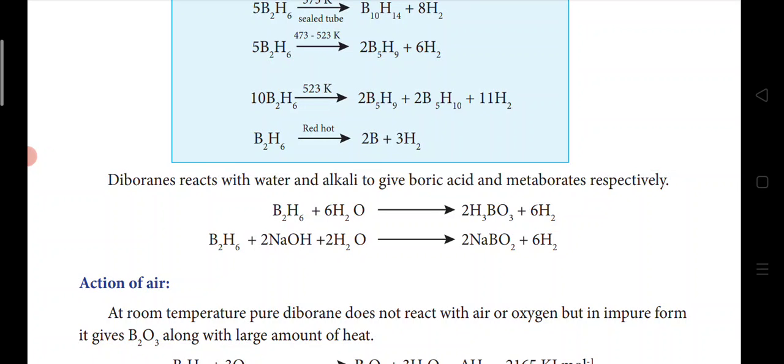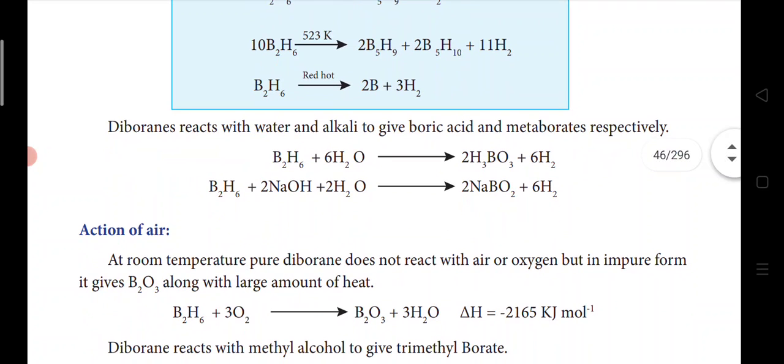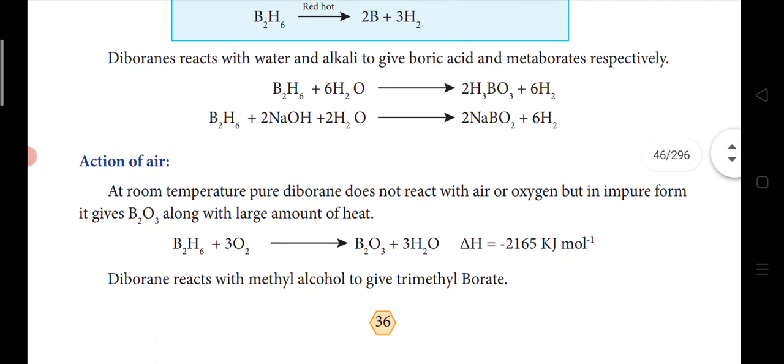Diborane reacts with water and alkali to give boric acid and metaborates. So B2H6, that is diborane, reacts with water, H2O, to give boric acid, H3BO3, and it also reacts with sodium hydroxide and water to give metaborates, that is NaBO2. And what is its action with air?